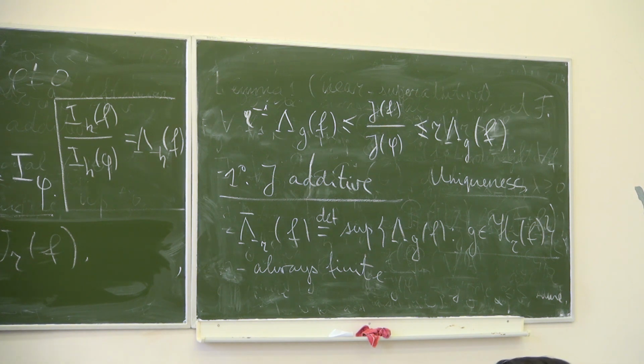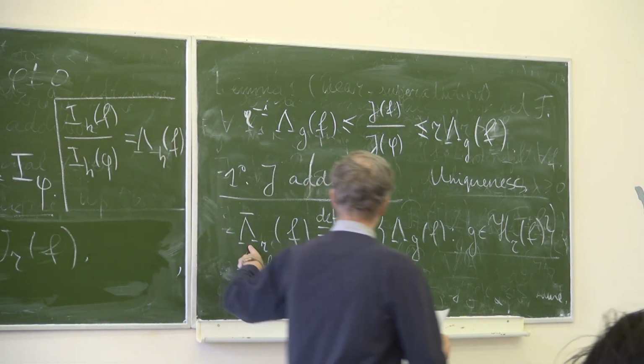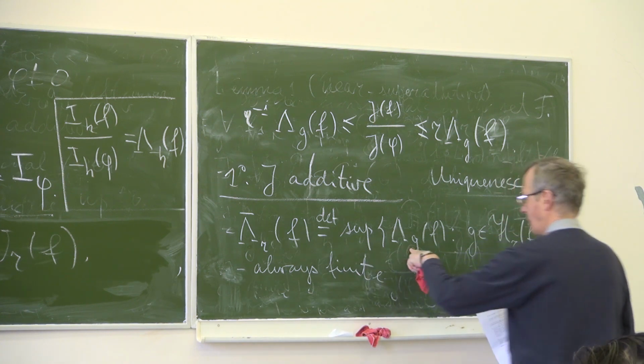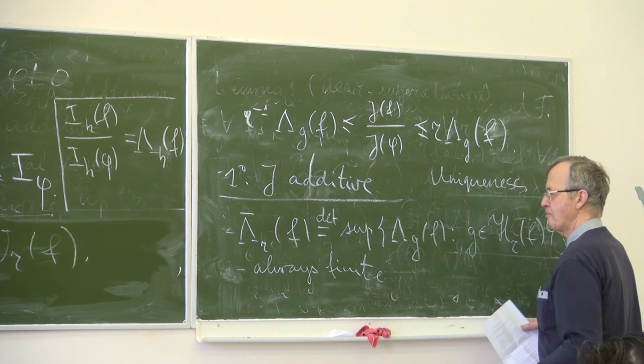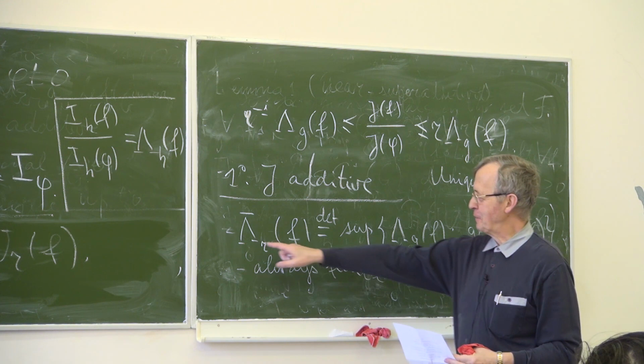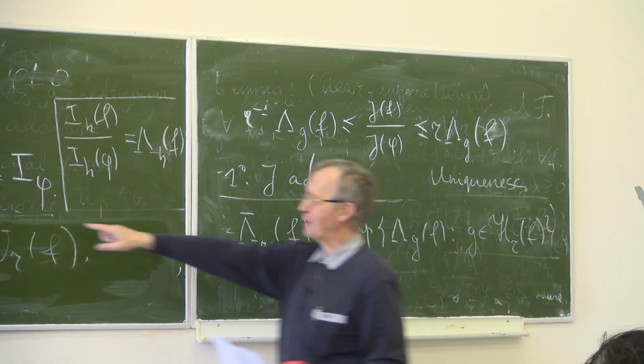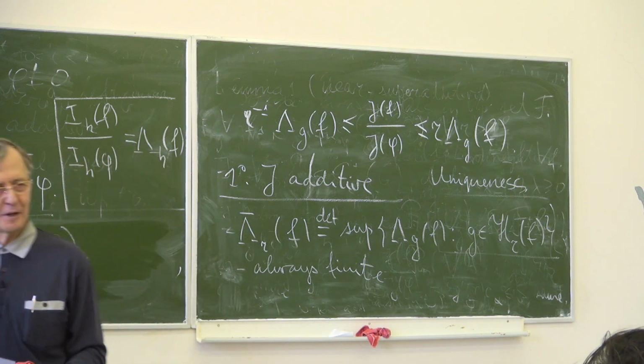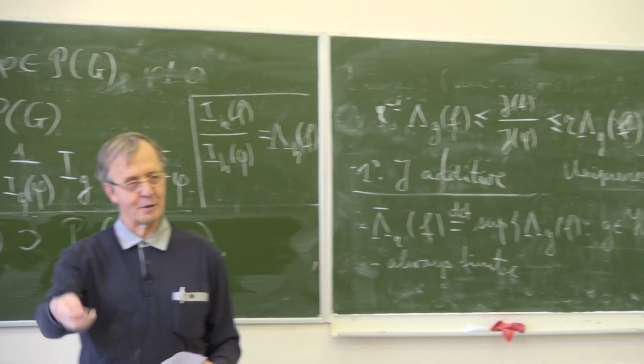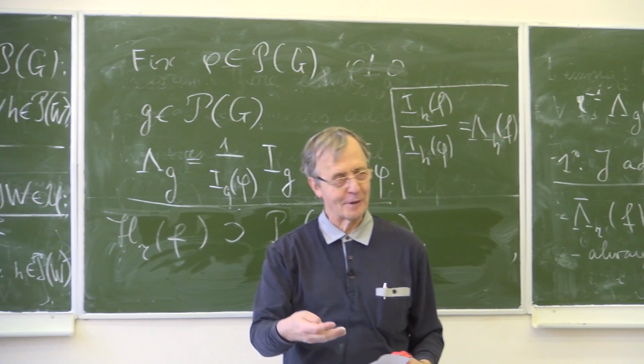So we have obtained a new functional, which this time already doesn't depend on G. And in a way, it is even more nonlinear than the original functionals lambda J, because we have taken an additional supremum, so we have added some nonlinearity.